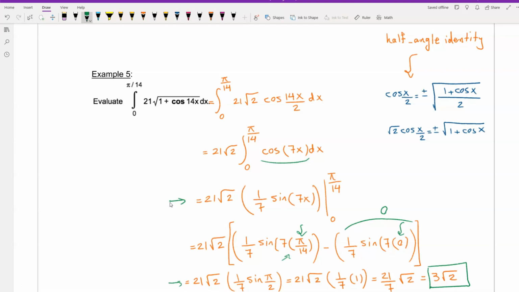So what we have is 21 square root of 2 times 1 over 7 sine pi over 2 is 1. And then simplify, so we have 21 divided by 7 times square root of 2, and the final answer is 3 times square root of 2.